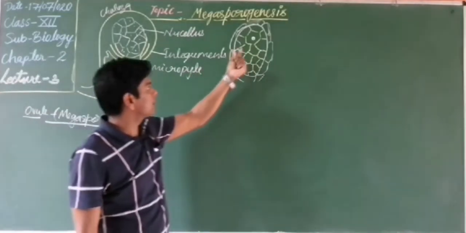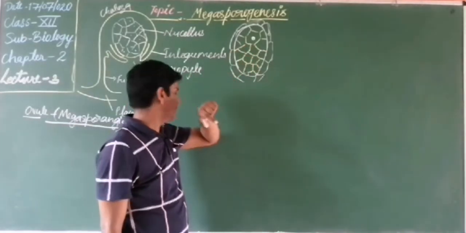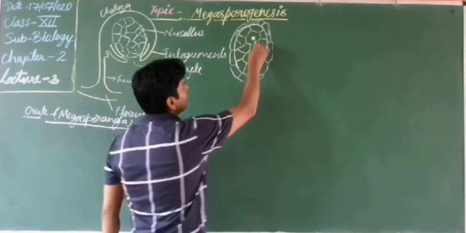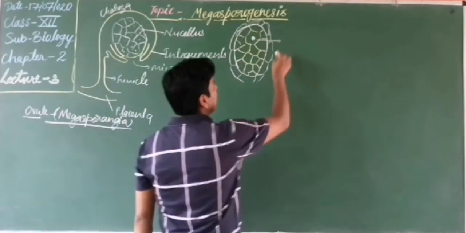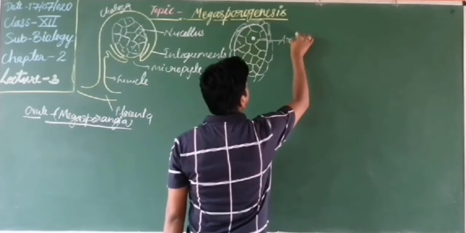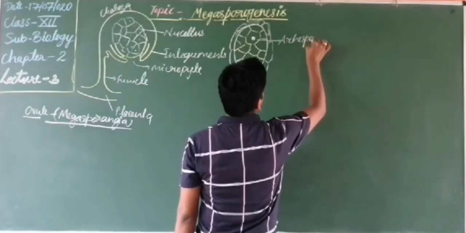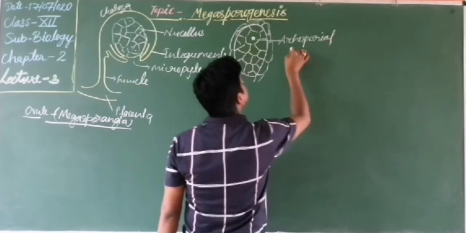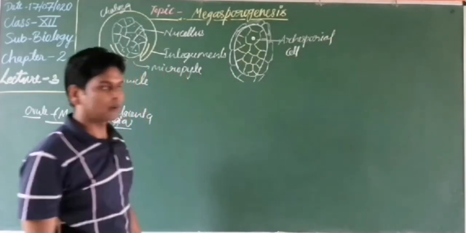The size of one cell of this nucellus increases. What is this known as? This is known as the archesporial cell.